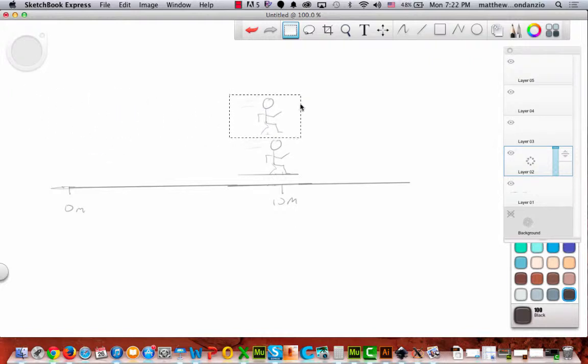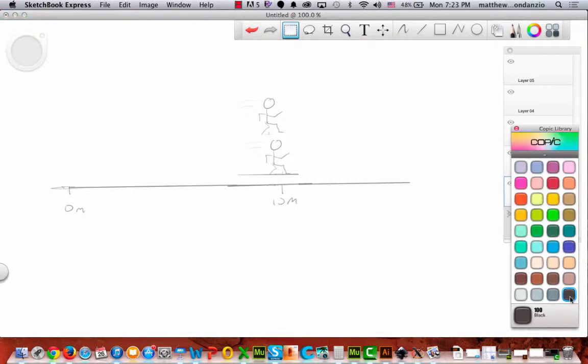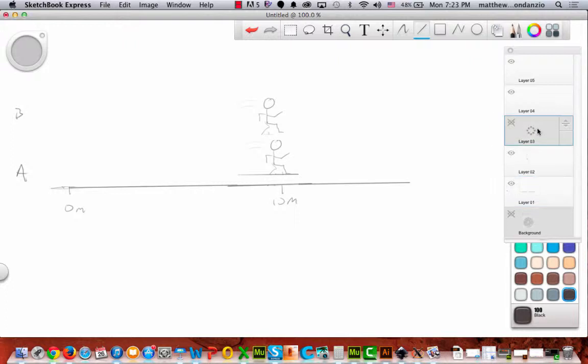But the issue is we need to know who's going to win. We need to understand that there's a time issue, right? So if over a certain amount of time my racer A is going faster than racer B, then at the end of the day I want to make sure I know who's winning and who's not.